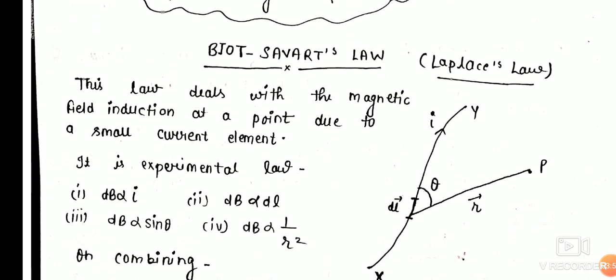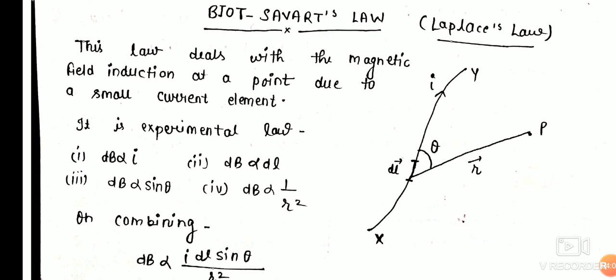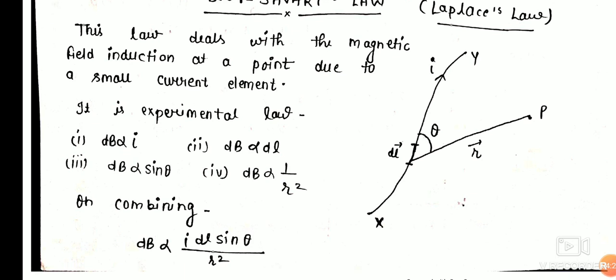This law deals with the magnetic field induction at a point due to a small current element. By using it, we can find the magnetic field at any point due to a small current carrying element. A current carrying element means a small piece of wire carrying current.